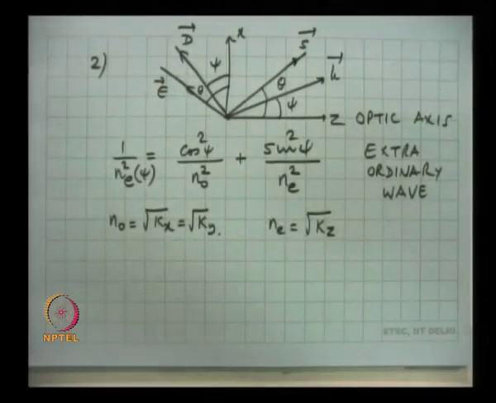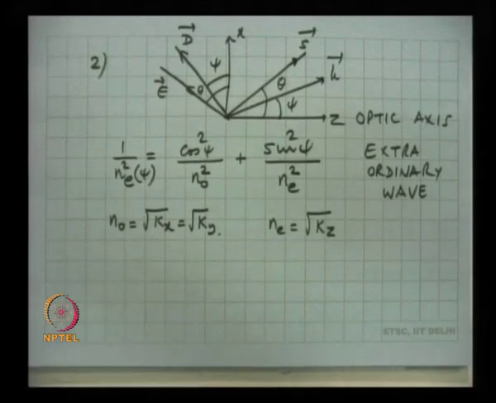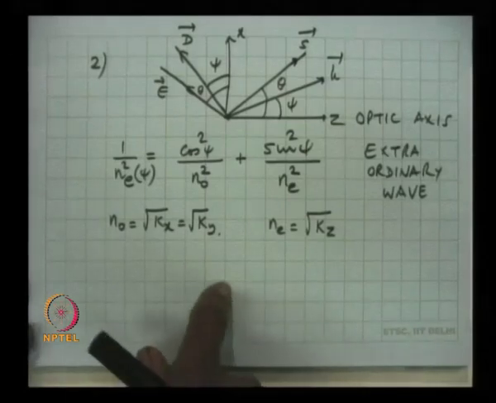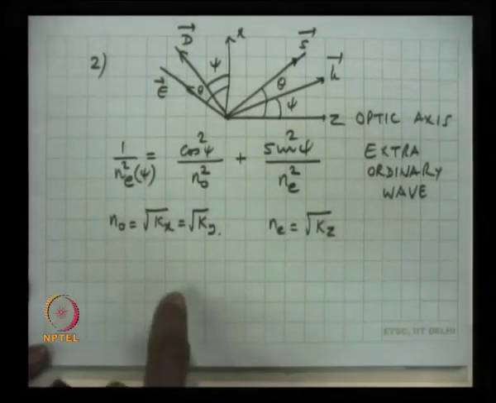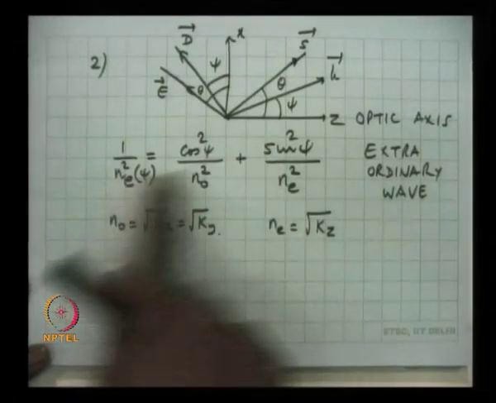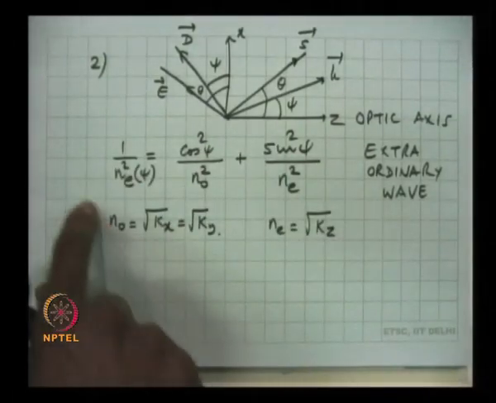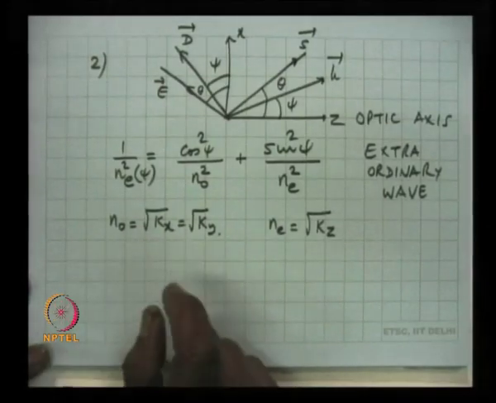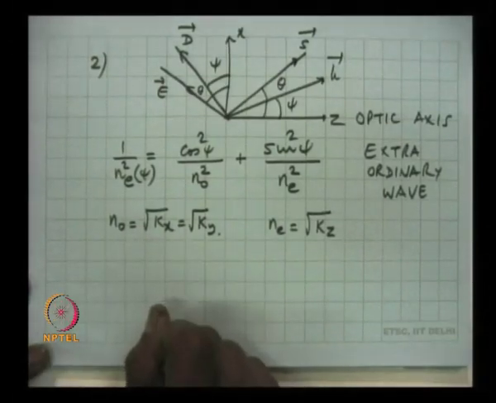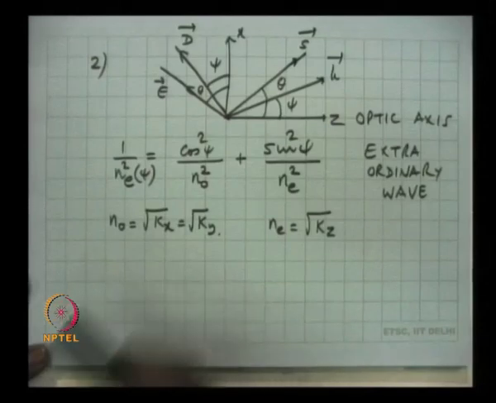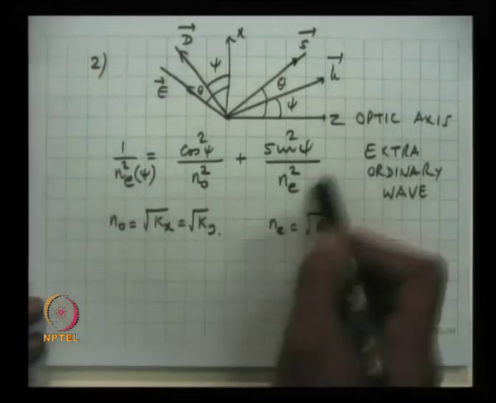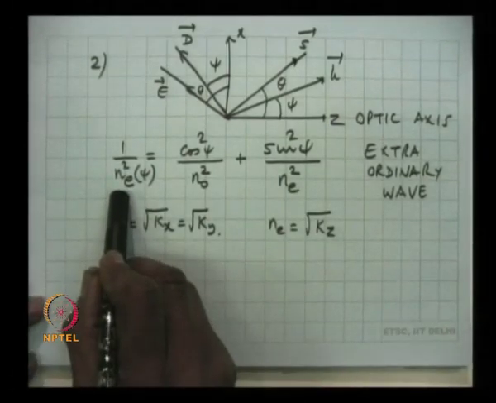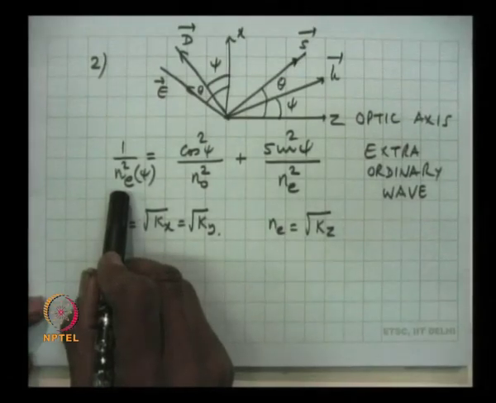The first solution has its polarization along y and has a refractive index NO independent of psi, called the ordinary wave. The second solution has a refractive index depending on the angle psi according to this formula, and it is called an extraordinary wave and has its S vector and K vector not parallel to each other. So, this equation gives me the refractive index as seen by the extraordinary wave, which is now a function of psi.